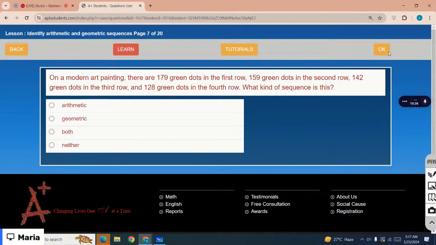The correct option is neither geometric nor arithmetic.